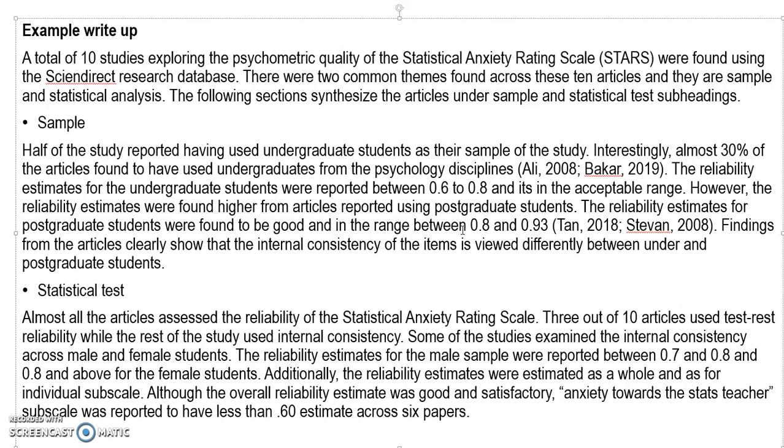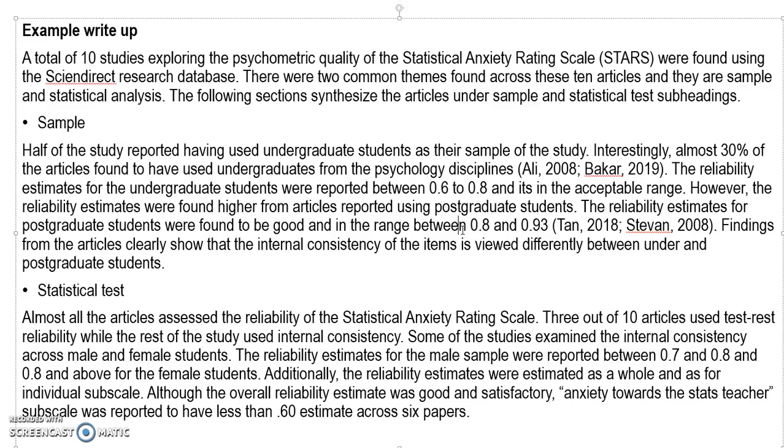From 10 papers, half of them are undergraduates, another half is postgraduate, and within undergraduate I realized that 30% of the samples that they have collected are from psychology. So at least you have an idea about that. It is interesting how these samples are being used in these articles.